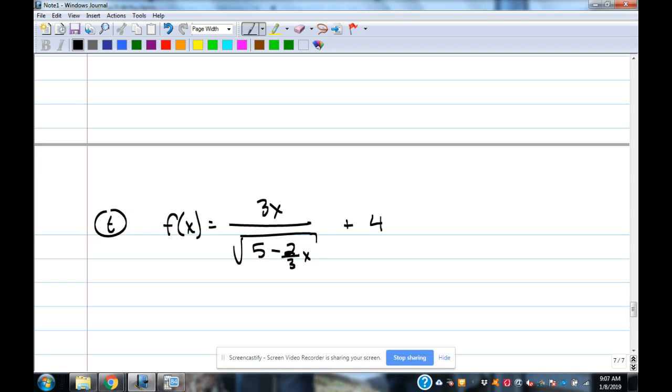Okay, so we've got to think about what does that even mean? What do we know about the square root? What does that tell us? That the numbers inside of the square root have to be greater than or equal to 0, right? They've got to be positive. But because it's in the denominator, what can it not be? 0. So when we set this up, what kind of inequality do we set up?